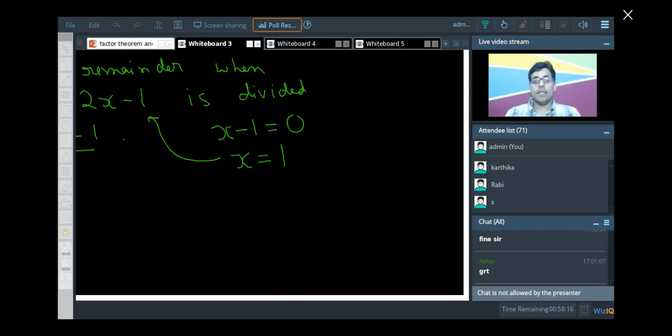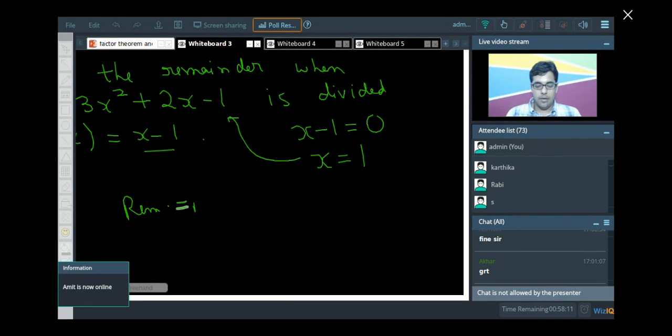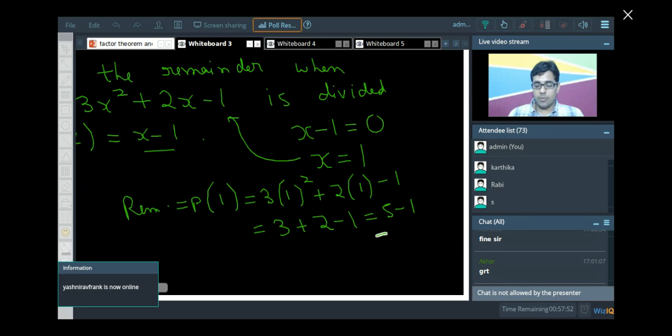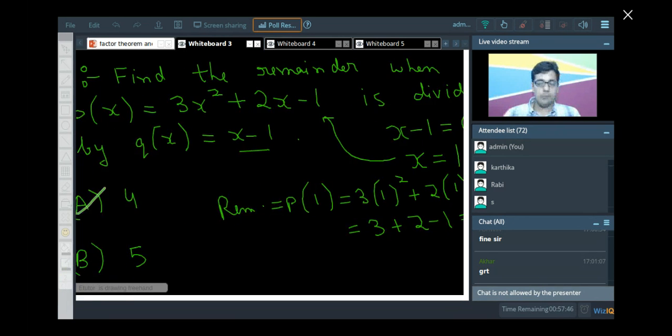The remainder is coming as p of 1, which is 3 multiplied by 1 square plus 2 multiplied by 1 minus 1. Now we can solve this. 3 multiplied by 1 square is 3, plus 2 minus 1, it will become now 5 minus 1, coming as 4 here. So we can say the answer is 4, that is option number A.